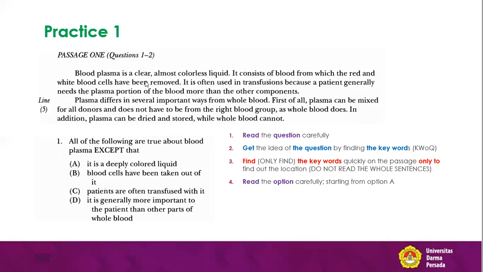Everybody, we read this one. It is a deeply colored liquid. Now, after we read option A, what do we do? What we do is get the idea of the option, finding the keywords of the option. We have deeply colored liquid.